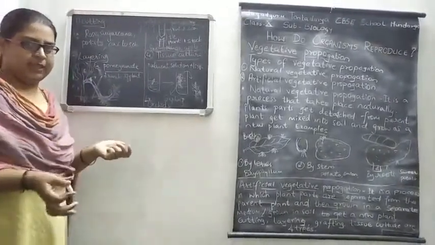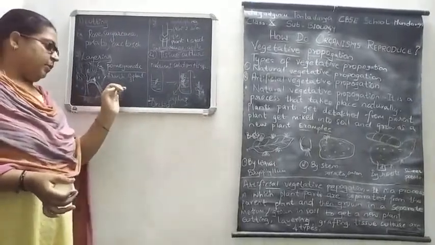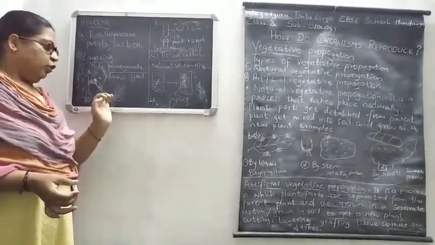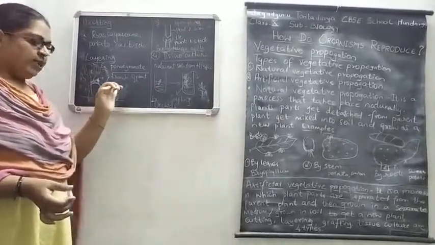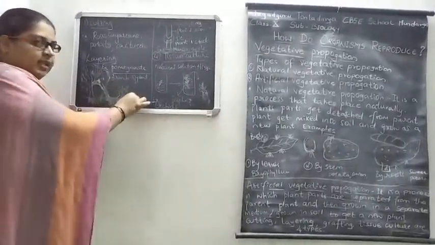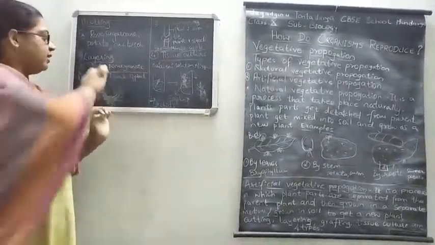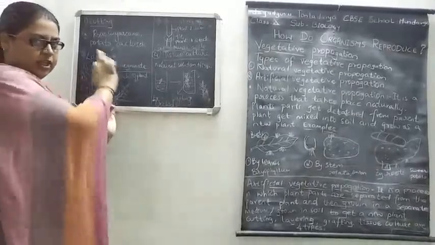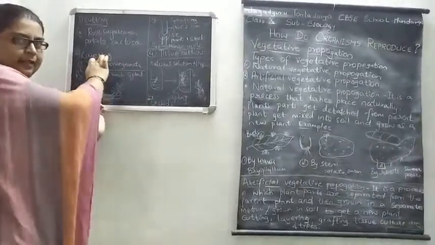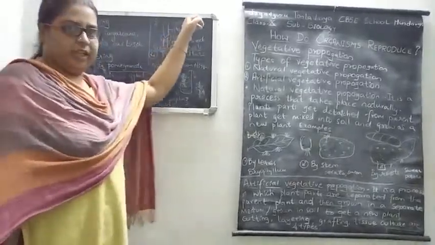Cell division takes place, and after that it develops roots and stem. From this a new plant is formed. Once the roots and stem are formed, we cut it and separate it, and this grows as a new plant, and this is the old plant. It is seen in pomegranate. Clear? This is the second method of artificial vegetative propagation, that is layering. Next, third type, grafting.